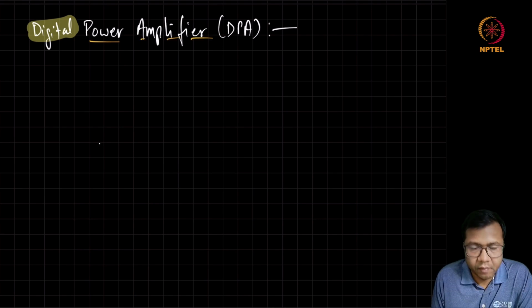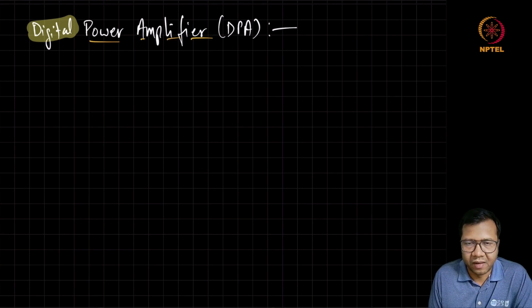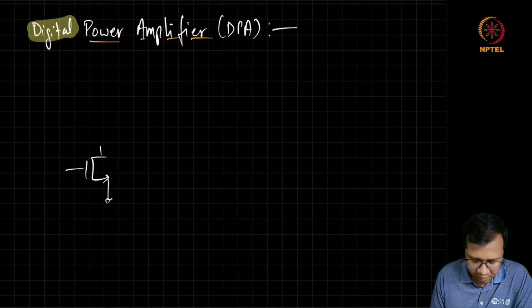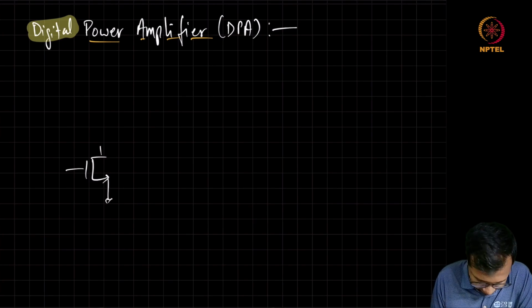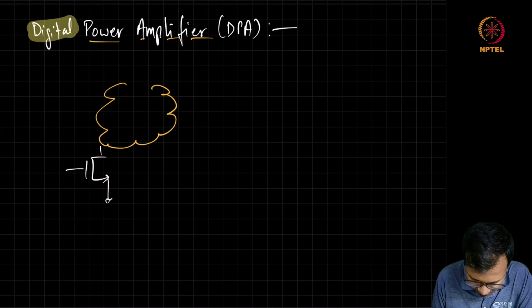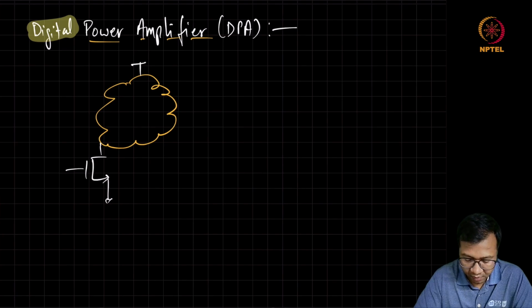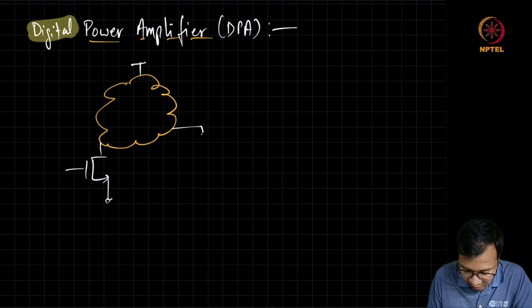If you remember from the discussion about the classes of power amplifier, we had one transistor, and then there was some biasing and matching network through which the load was connected.